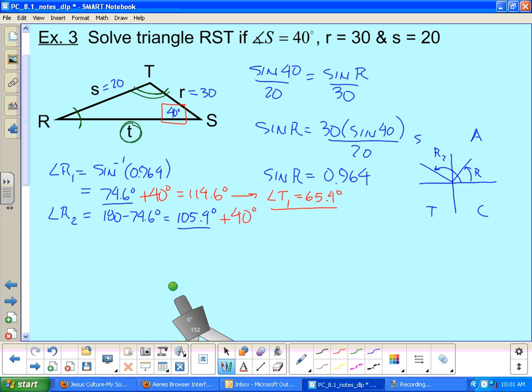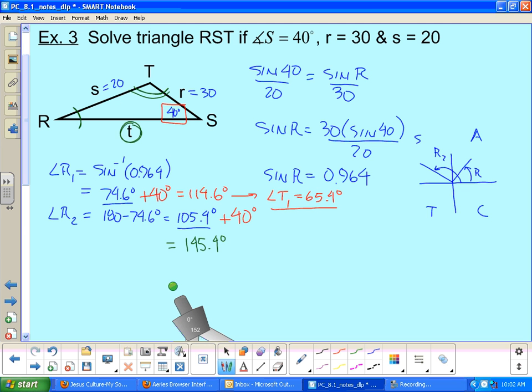All right, so angle R1 produced T1 of 65.4. I created a triangle out of that situation. Let's go see what happens with the next one here. So 105.4 plus 40 equals 145.4 degrees.